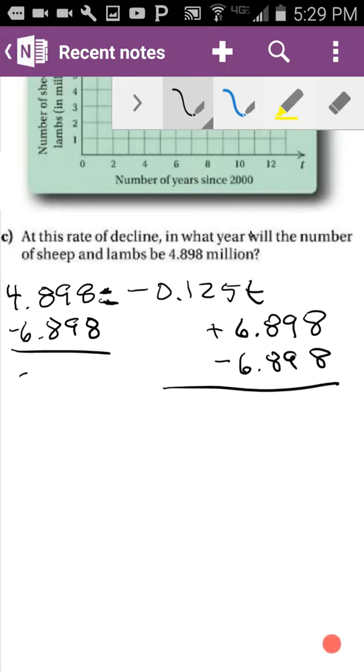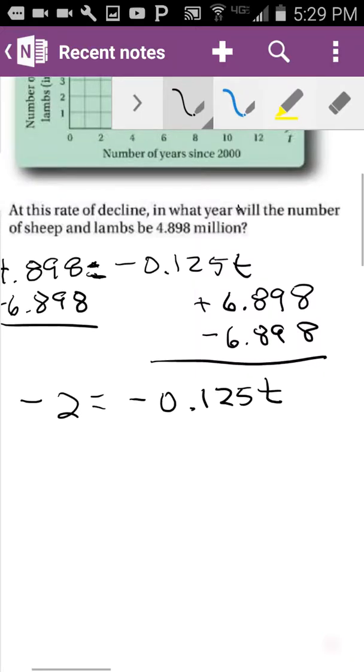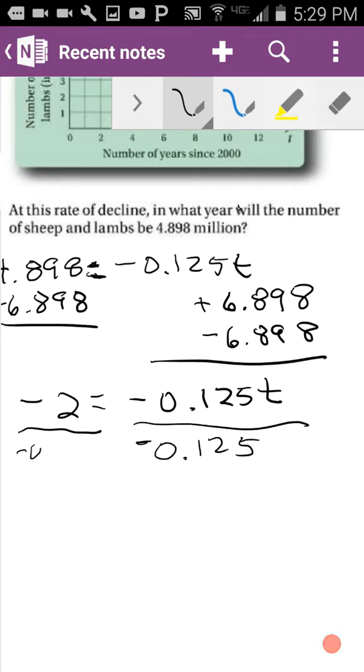And over here we have -2. I'm going to bring it down a little bit because I skipped a space. So we have -2 equals -0.125t. And now we divide both sides by -0.125 to get the t by itself.